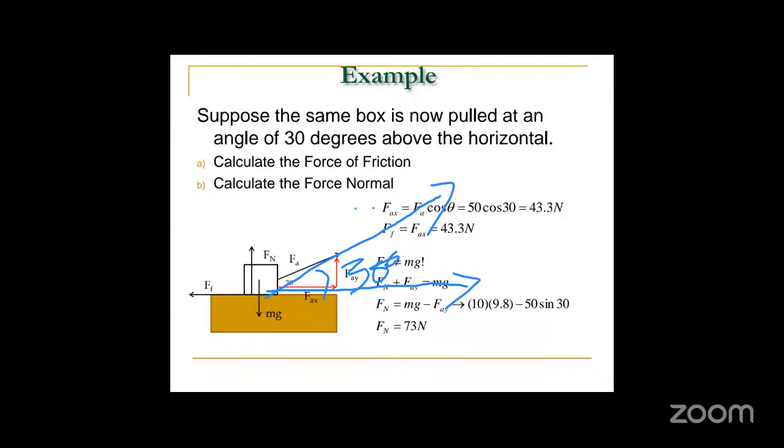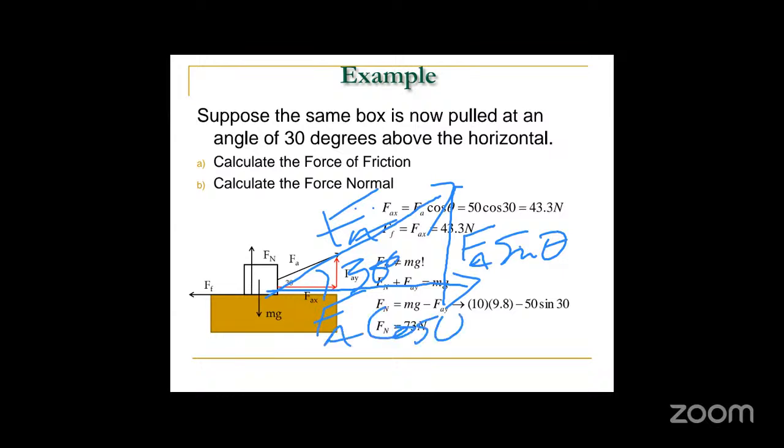To solve this, we have to resolve the force into vertical and horizontal components. The vertical component will be Fa sine theta, while the horizontal component will be Fa cos theta.